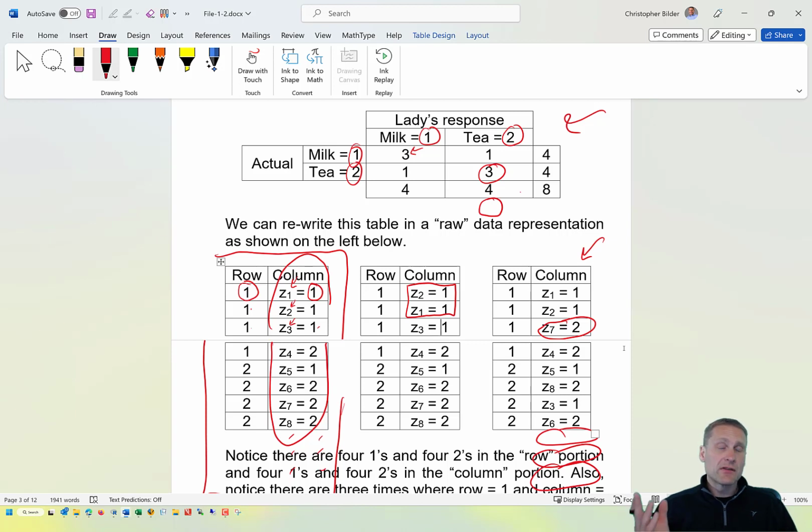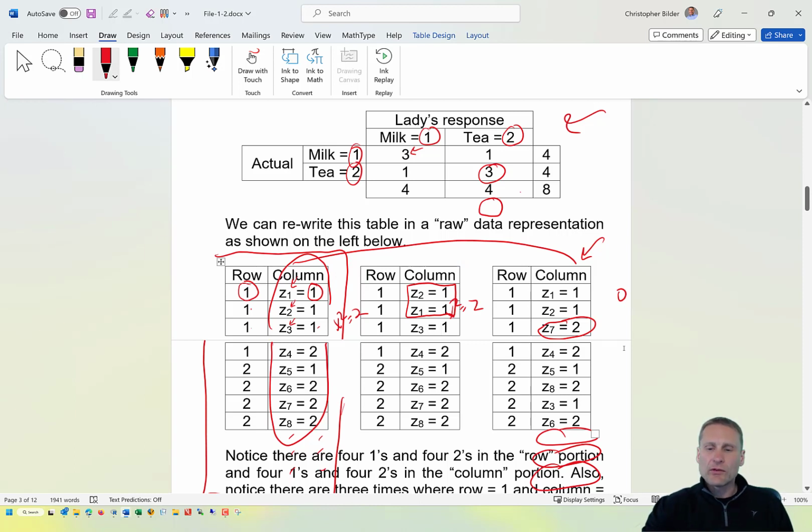Column doesn't depend upon what happens with a row. So what we have here are 3 different permutations of the data, where the first 2 lead to an x squared equal to 2, and this one leads to an x squared equal to 0.